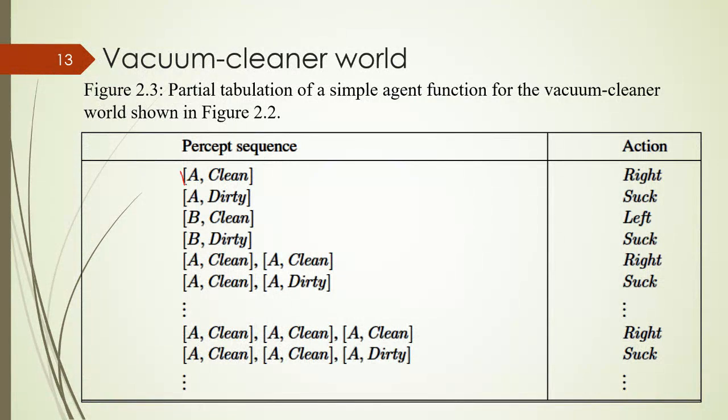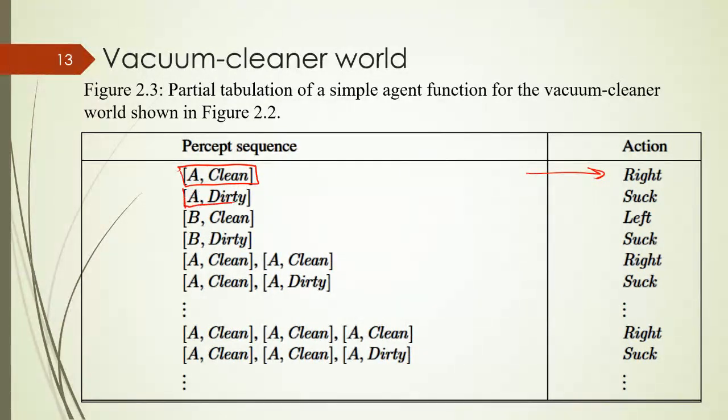So we are in A, and A is clean. Move right. That would be the action. We can write this down and embed it inside our agent, inside our vacuum cleaner.